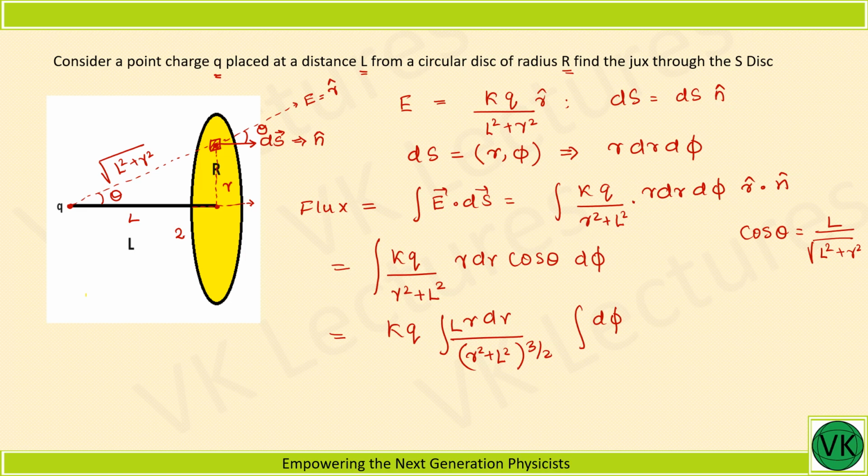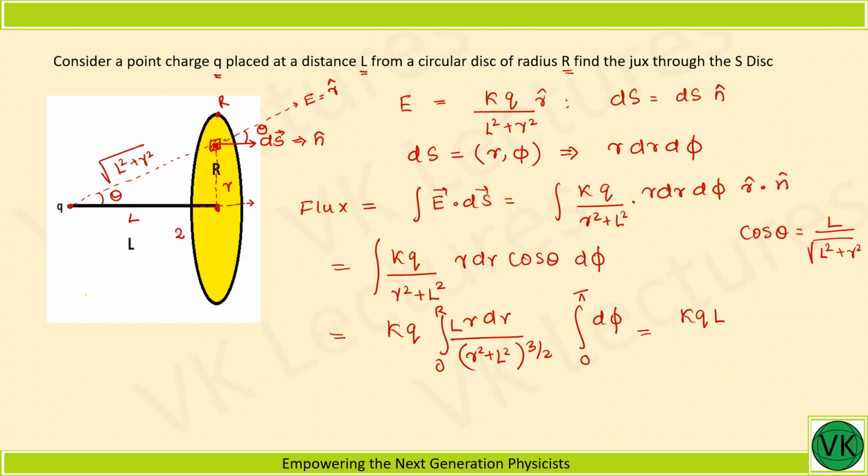So that's equal to kql into integral d phi. Since we are dealing with only the upper half, it is 0 to pi, and the r value ranges from 0 to capital R. So r is 0 here, and r is equal to capital R at this point.